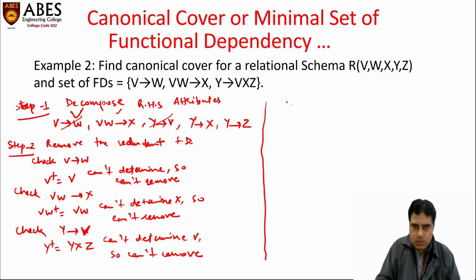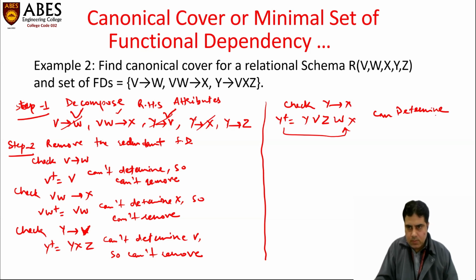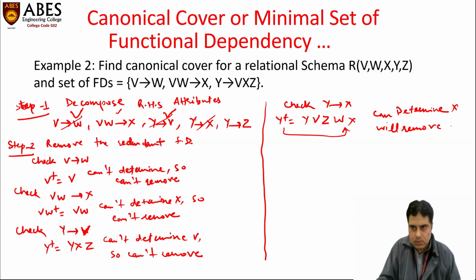Now check for Y determine X. Now take the closure set of Y. From Y we can determine V, or from Y we can determine Z, or from V we can determine W, or from VW we can determine X. So we can determine X. So we will remove this.